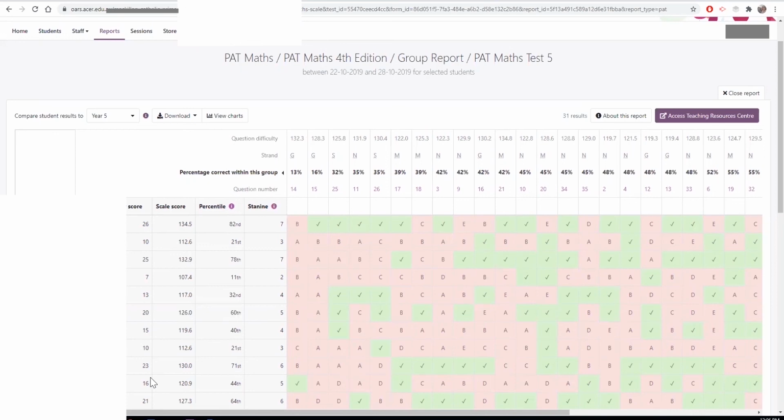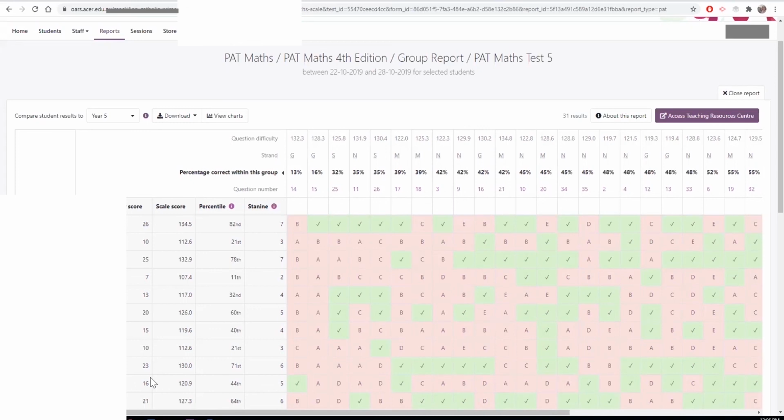I know for a fact one of these year 5s got 100%. They got a stage 9 for test 6. They weren't even given test 5. They're that good. And I want to include that student when I'm starting to think about the class as a whole. That's obviously a student that's going to need some differentiation.